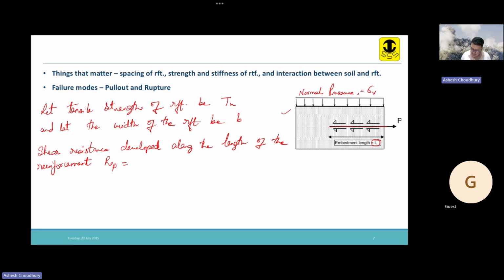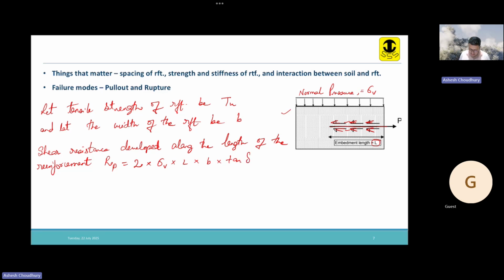This is the shear resistance that is developing at the interface between the reinforcement and the soil. It is 2 times. Why 2? Because we have two surfaces, the upper surface and the bottom surface. That's why we are having the term 2. So 2 times sigma V times L times B times tan delta.